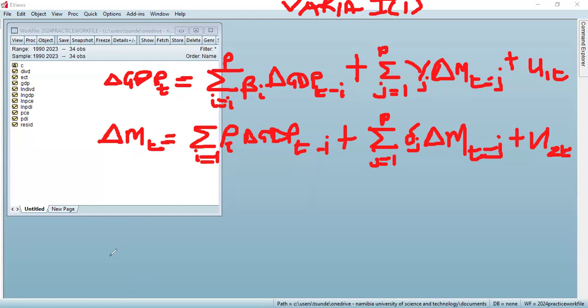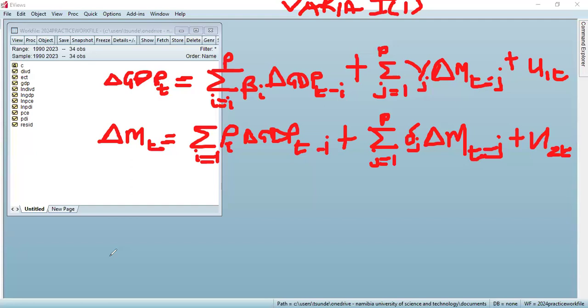And we also went a step further and said that if the variables used in the vector autoregression model are co-integrated, if there is a long-run economic relationship between the variables included in the model, you can specify the vector error correction model.